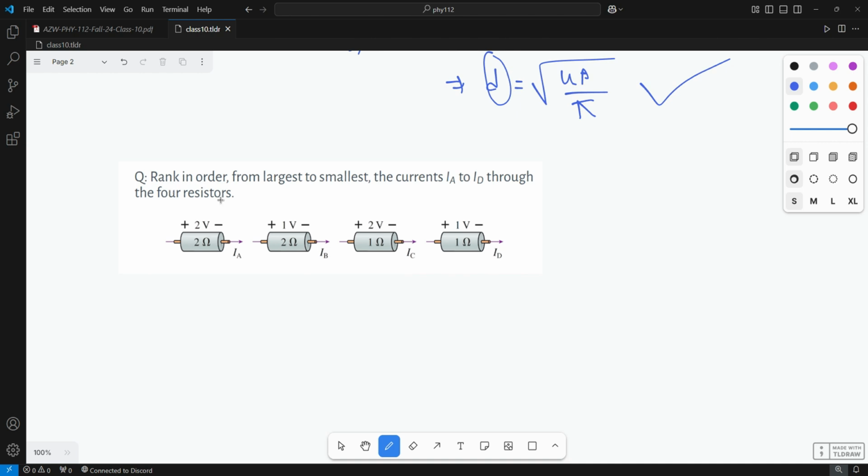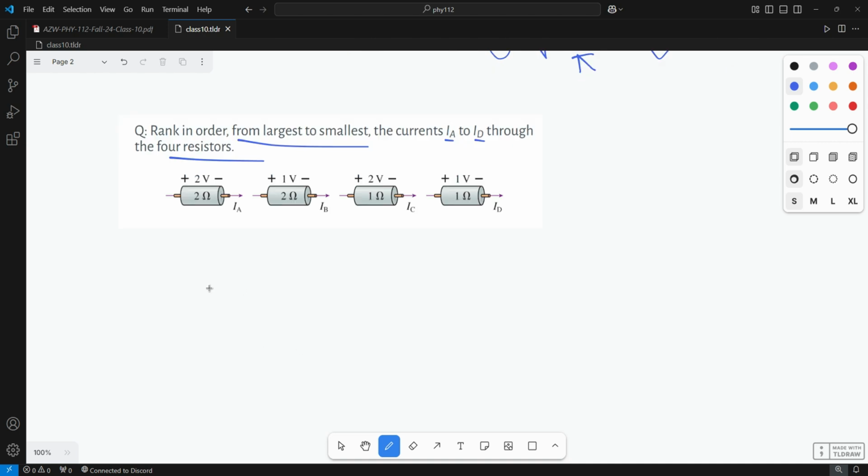We have to rank in order from largest to smallest the currents IA to ID through the 4 resistors. We know from Ohm's law that I equals V by R. So IA will be 2 by 2 equals 1 ampere.